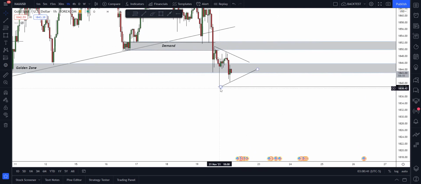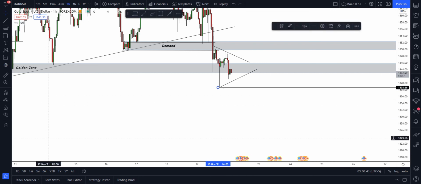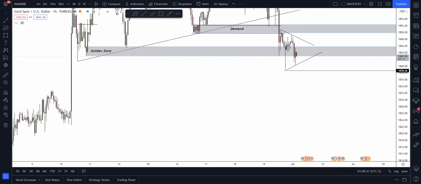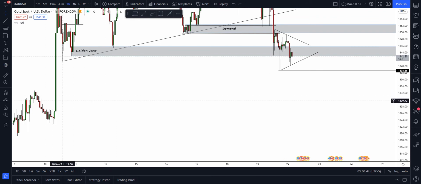But my main focus now is, if you look to the left, which is this one, I want to talk about this one. Okay, so price made a new high, created some kind of support, some kind of resistance right here, right?